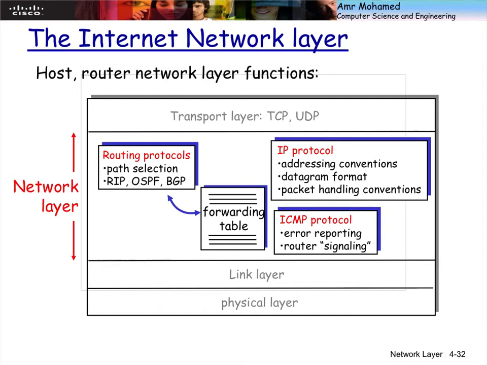We have some major dynamic routing protocols like RIP, OSPF, IGRP, or EIGRP, and we have Border Gateway Protocol and so on. So these are examples of dynamic routing protocols.